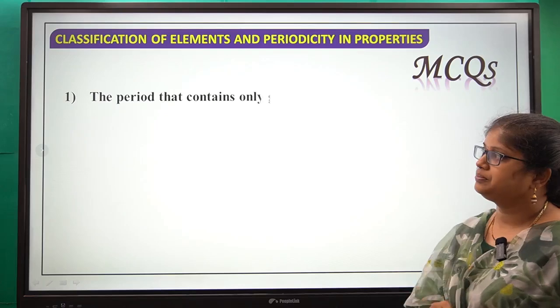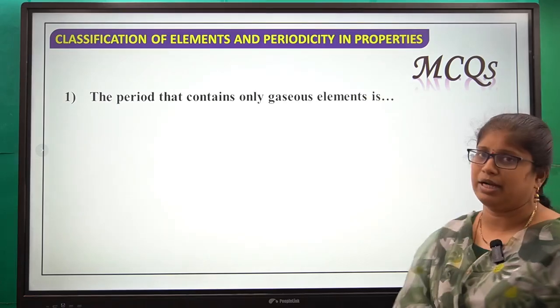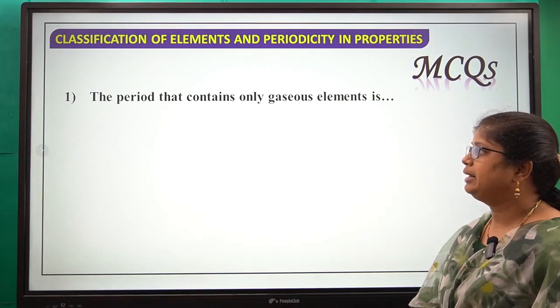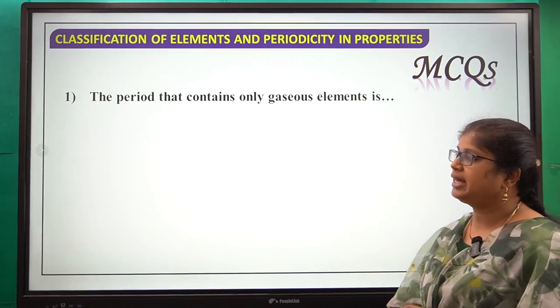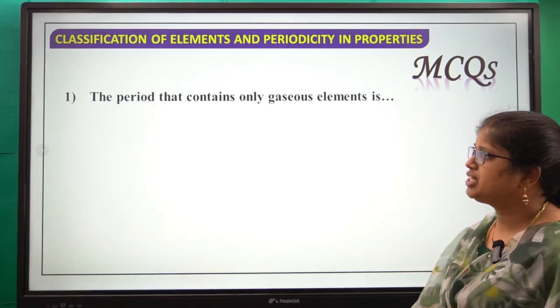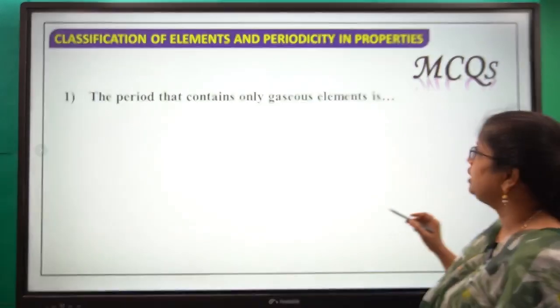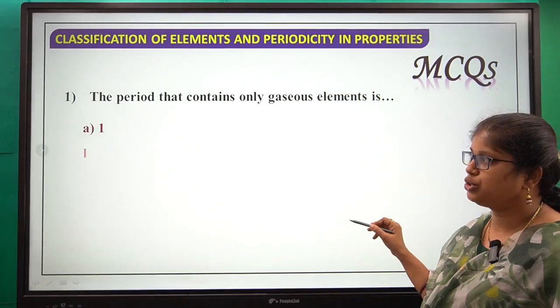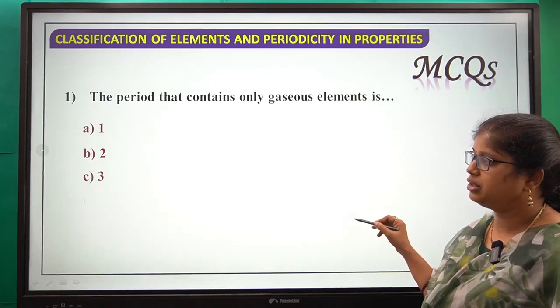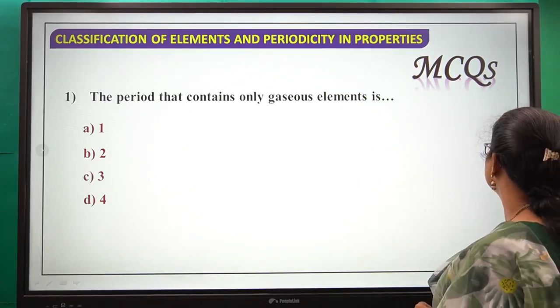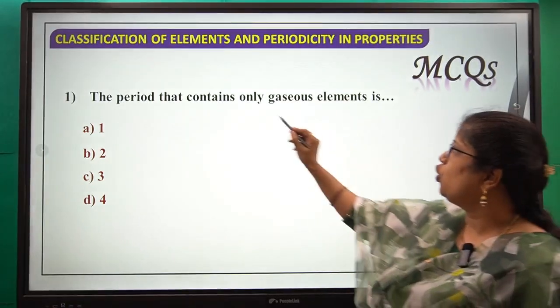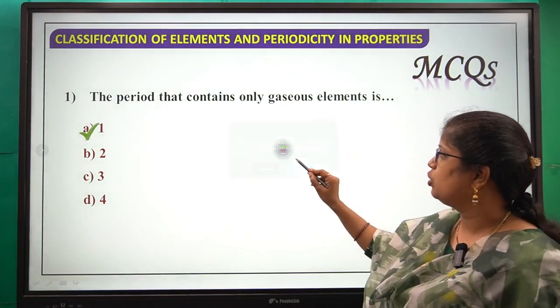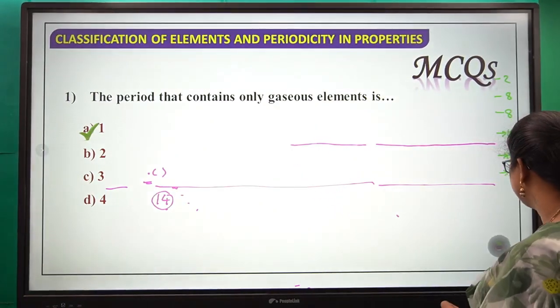Okay, next if we look at some multiple choice questions, which period contains only gaseous elements? First period, second period, third period, fourth period. So here asking only gaseous elements.